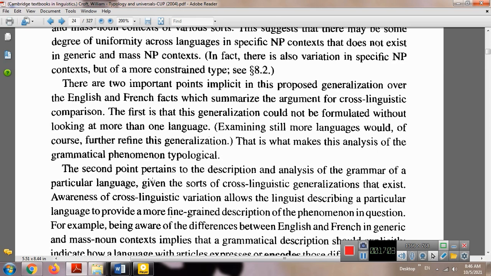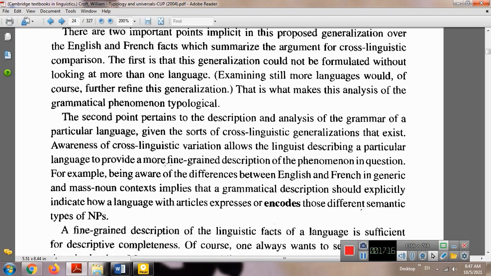The second point pertains to the description and analysis of the grammar of a particular language given the sorts of cross-linguistic generalizations that exist. Awareness of cross-linguistic variation allows the linguist describing a particular language to provide a more fine-grained description of the phenomenon in question.